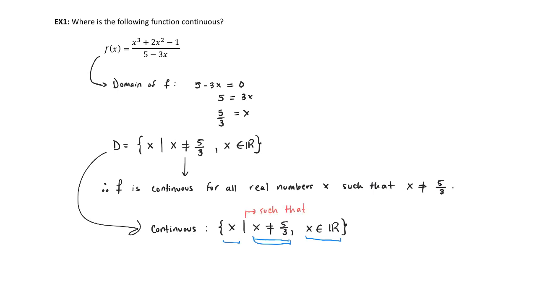So that's when you're going to hear me always say the set of all x such that, then the condition or restriction, and then where x lives. x is a member, or an element, of the real numbers. If x belongs only in the natural numbers, we will say over here x is in N, for example. But because it's real numbers, we use that notation for the real numbers.